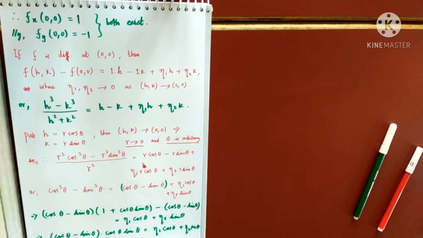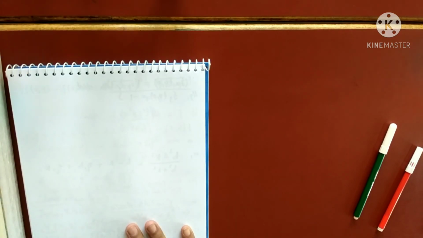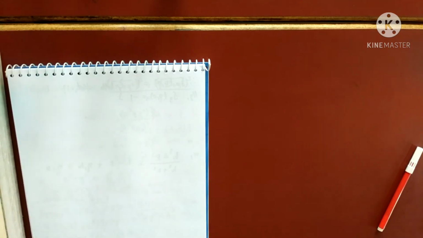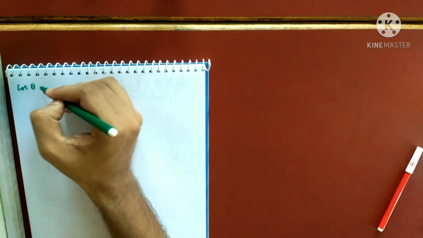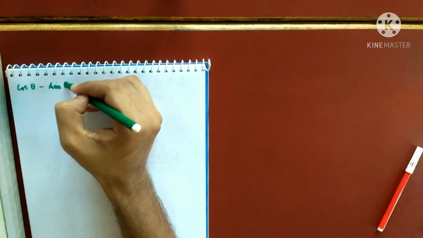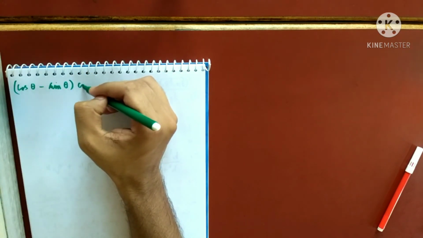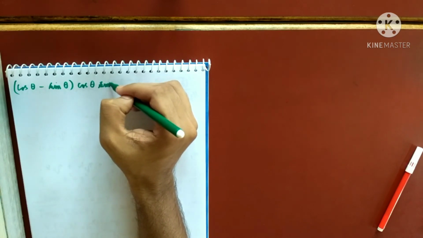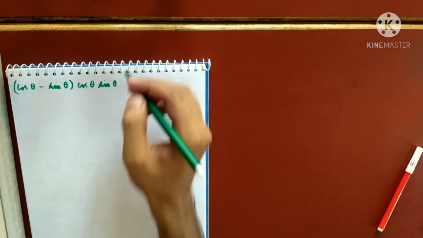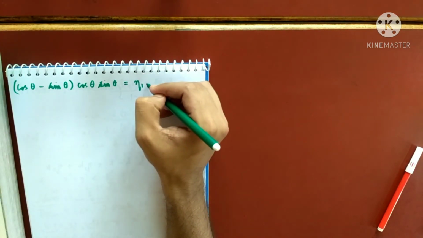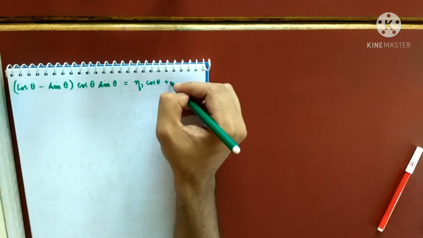Let me write down the last line again, otherwise it will be difficult to understand. Cos theta minus sin theta into cos theta sin theta was nothing but eta 1 cos theta plus eta 2 sin theta.